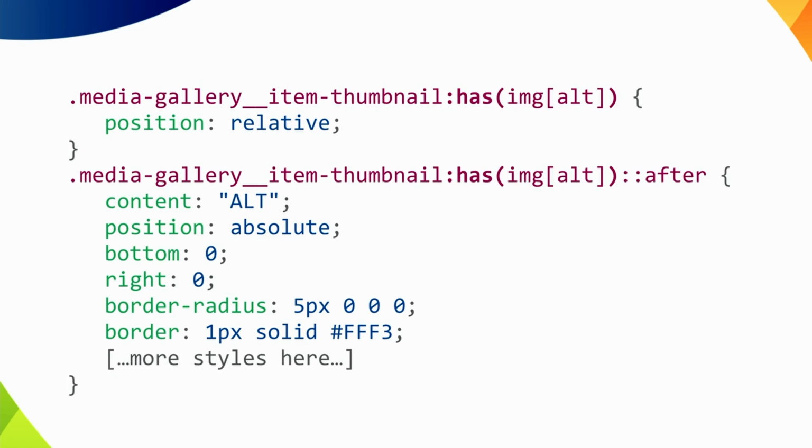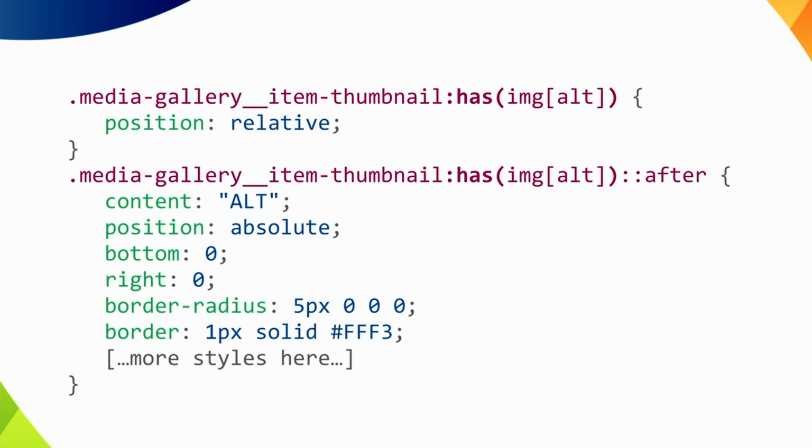Mastodon.social doesn't do that. I wanted it to, so I wrote user styles, and I used has. They're not exactly the same as Twitter's alt badges, but they're very similar. And I actually blogged about that on meyerweb.com shortly before lunch. So if you want to see the whole set of CSS, you can find it there.